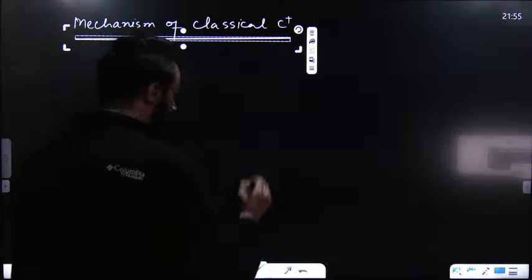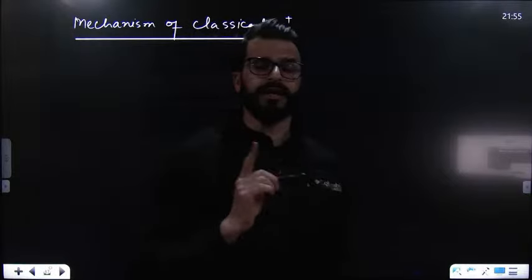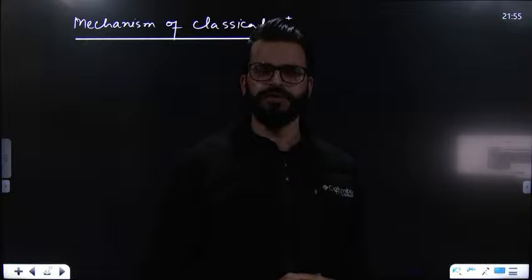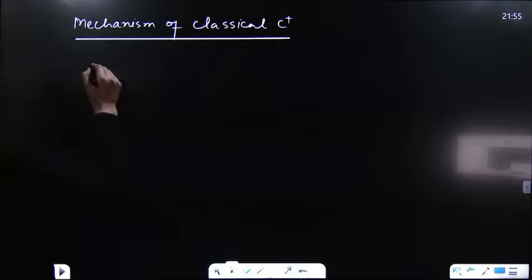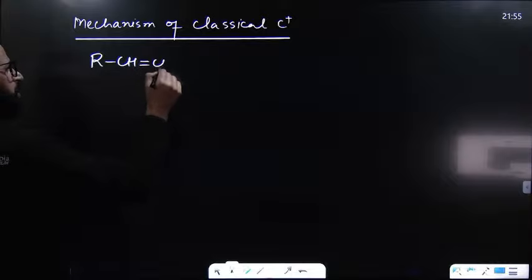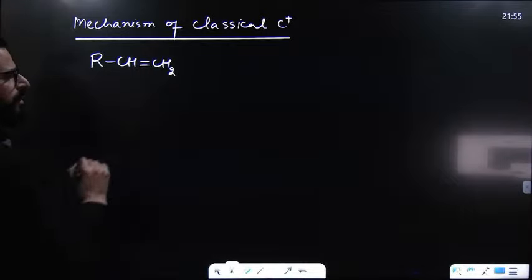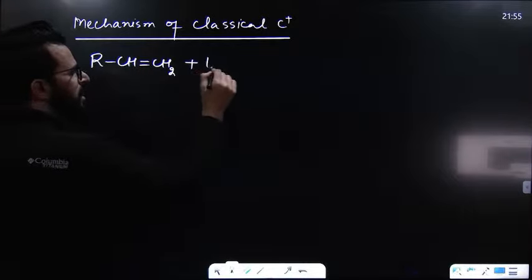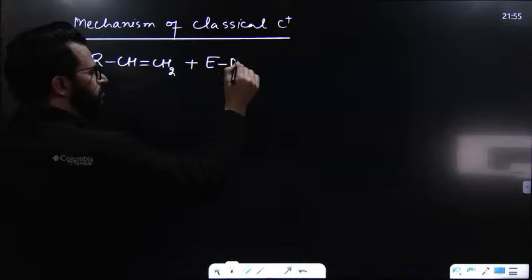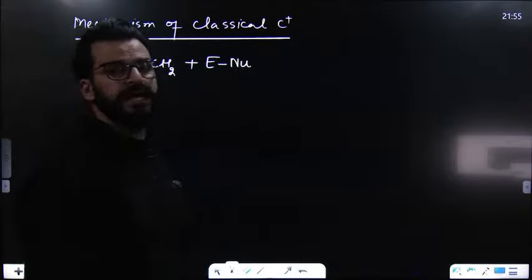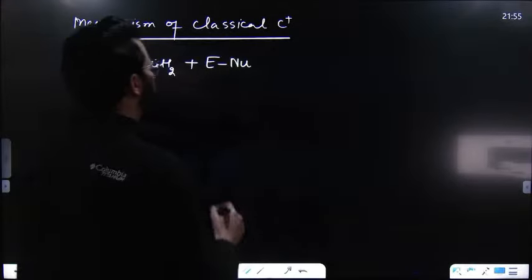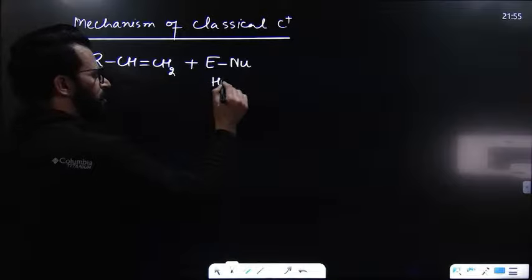Because once you understand the theory or concept, then it's very easy to solve organic chemistry questions. First of all, suppose this is an unsymmetrical alkene and we react a reagent with this like this. But remember, this reagent should be highly polar. So let us suppose this is a highly polar reagent.